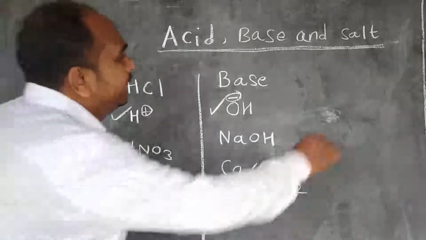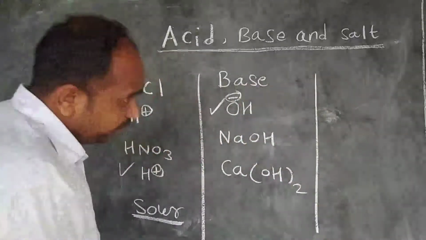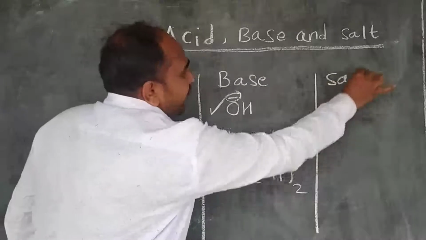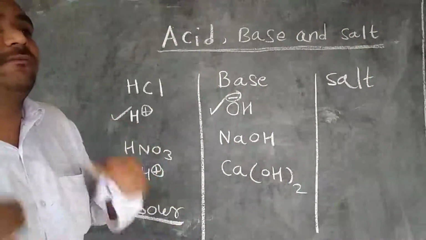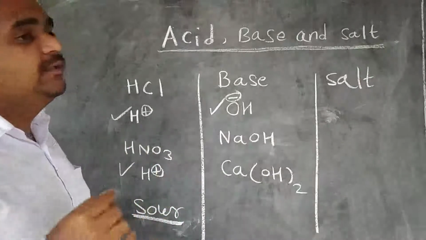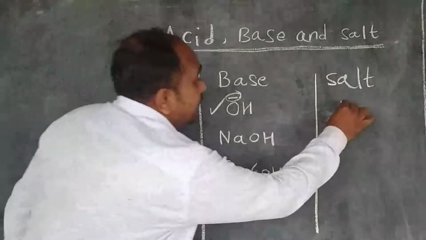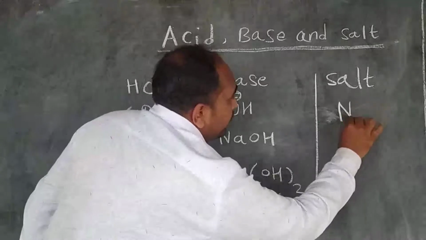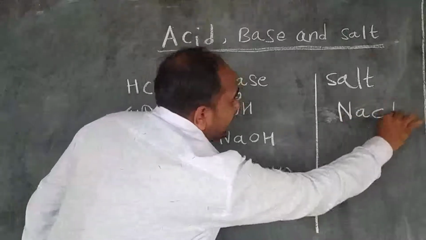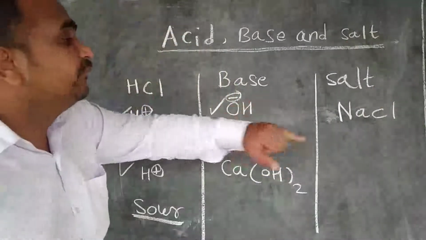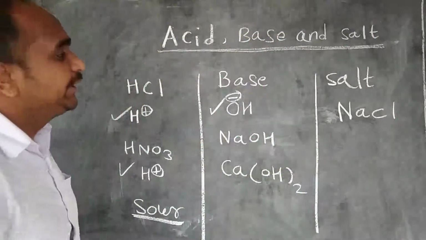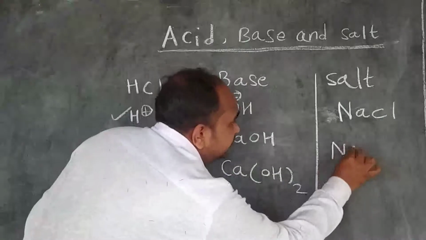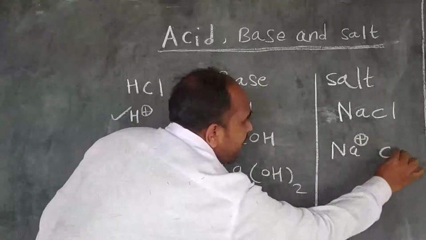Next is salt. What is salt? An example of salt is our normal table salt, that is NaCl, named sodium chloride, which has Na plus ions and Cl minus ions.